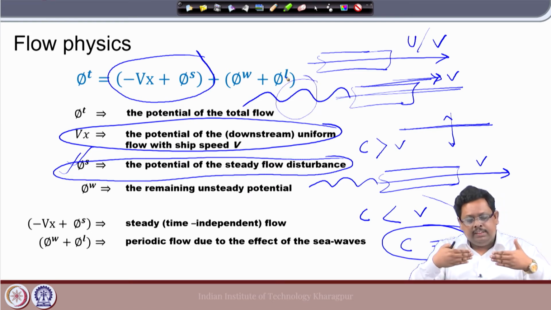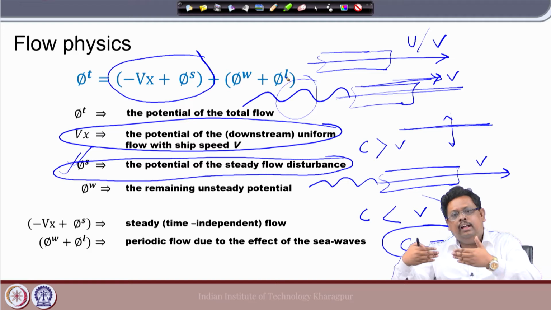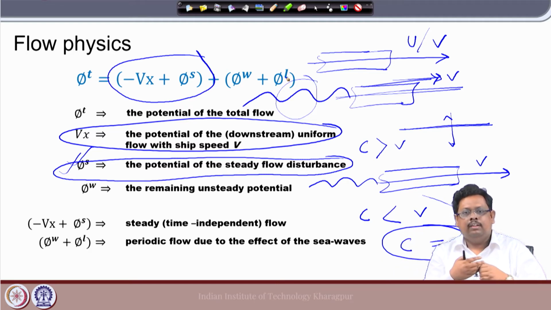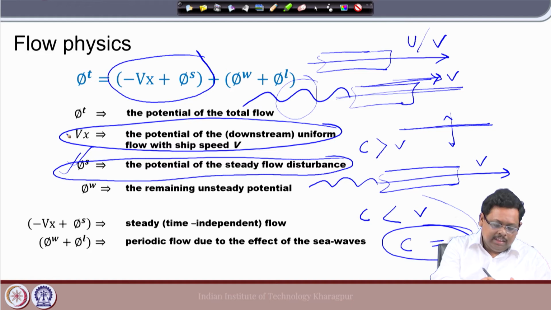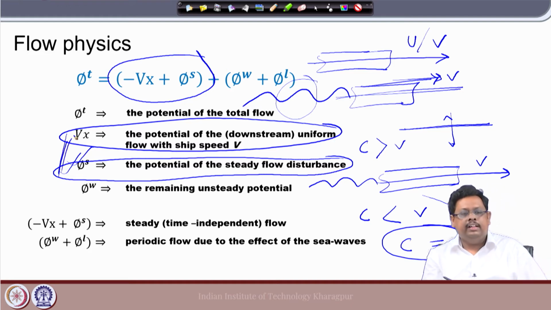Some of the waves travel with the ship, so we can consider the relative velocity is 0. Therefore we can consider this a time independent disturbance, and this is the term we can refer to as phi s.